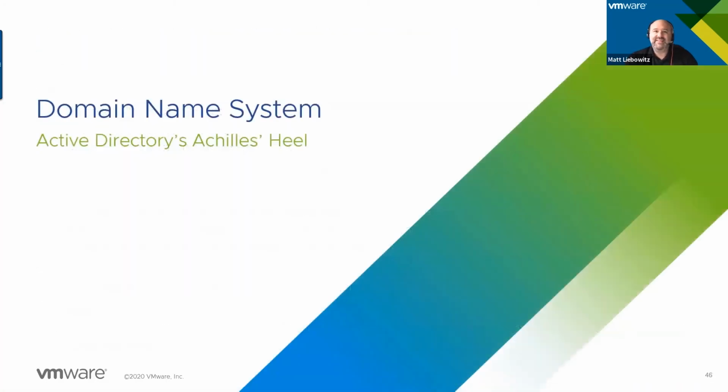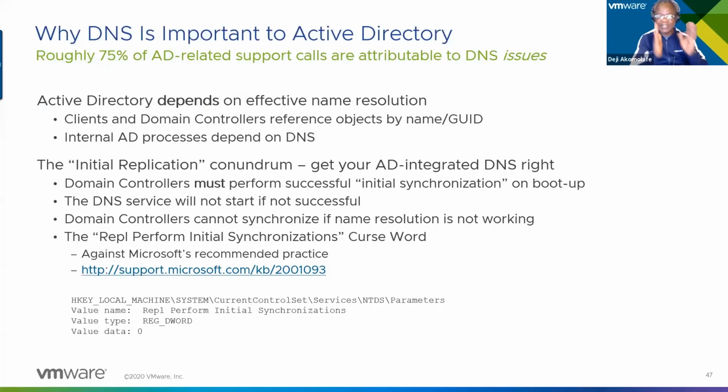But DNS is complex, right, Deji? Yes, it is, and it's one of the most critical parts of Active Directory functionality. It's very delicate. The clients and domain controllers reference objects in an Active Directory infrastructure by name or GUID. The internal processes also use DNS.